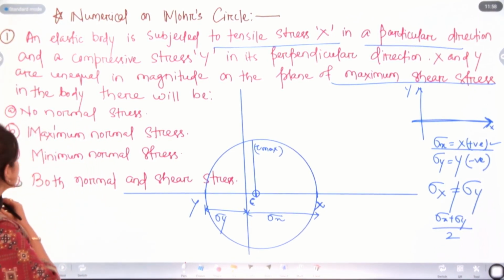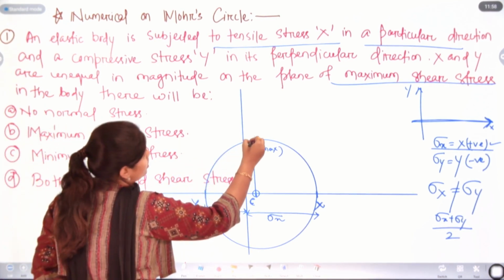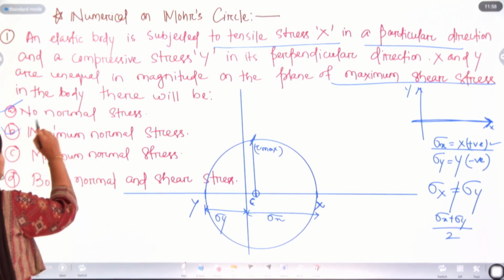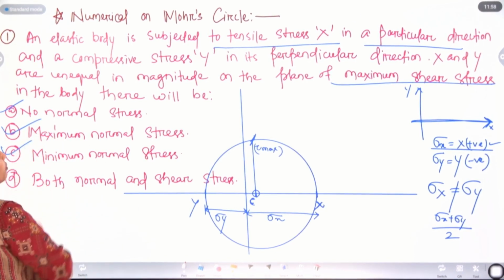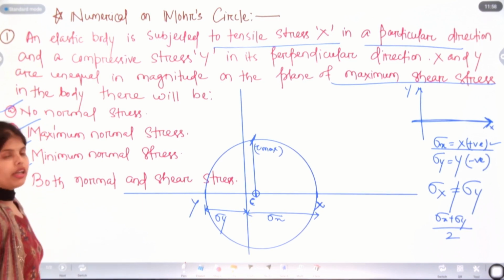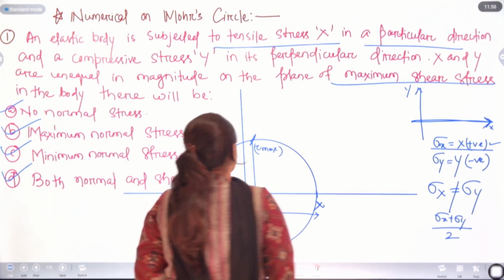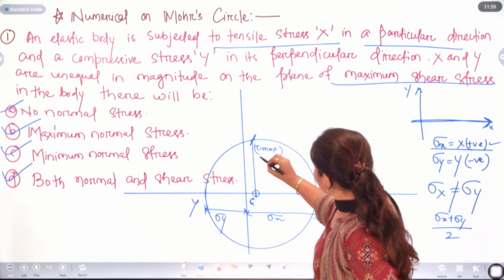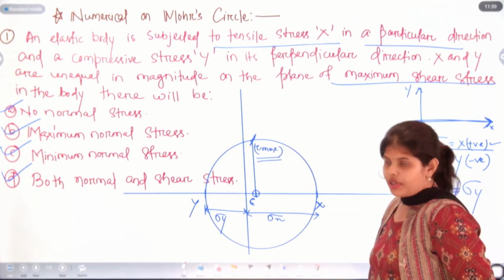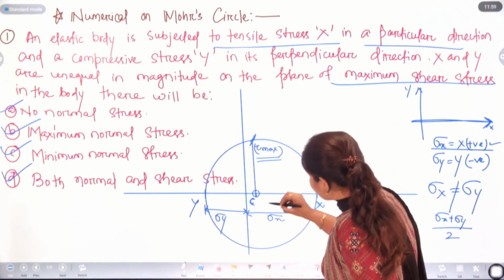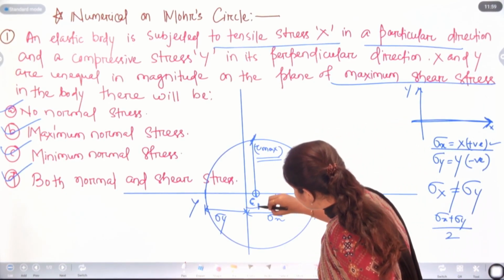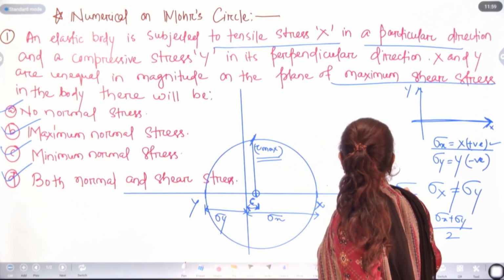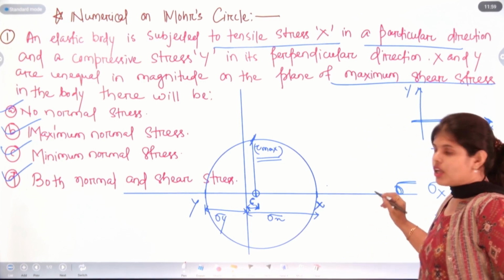Okay. Now, how to find out the stress? The question asked, at that point, whether there will be no normal stress, maximum normal stress, minimum normal stress, or both normal and shear stress. So, what will we have here? You can see at this point we have tau max, but at the first point we have normal stress. You know that the x axis represents normal stresses.